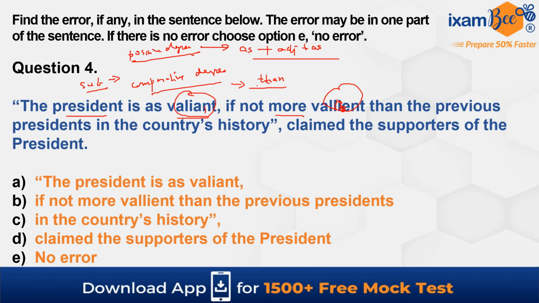So you see that in the comparative degree you do have "then," right? But in the positive degree you see "as valiant," that is "as plus adjective as." The second "as" is missing here. Hence, we will place "as" here.